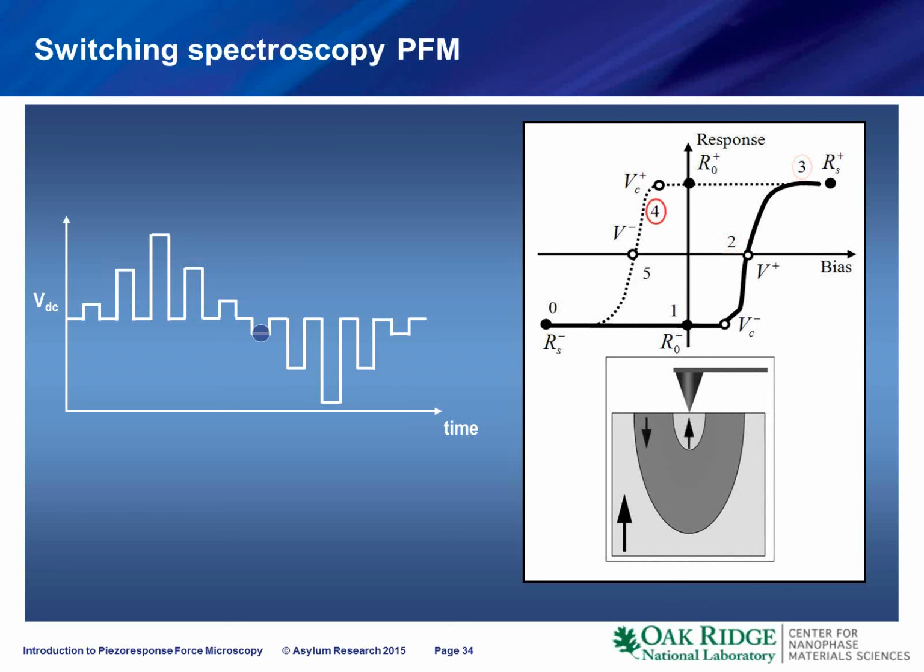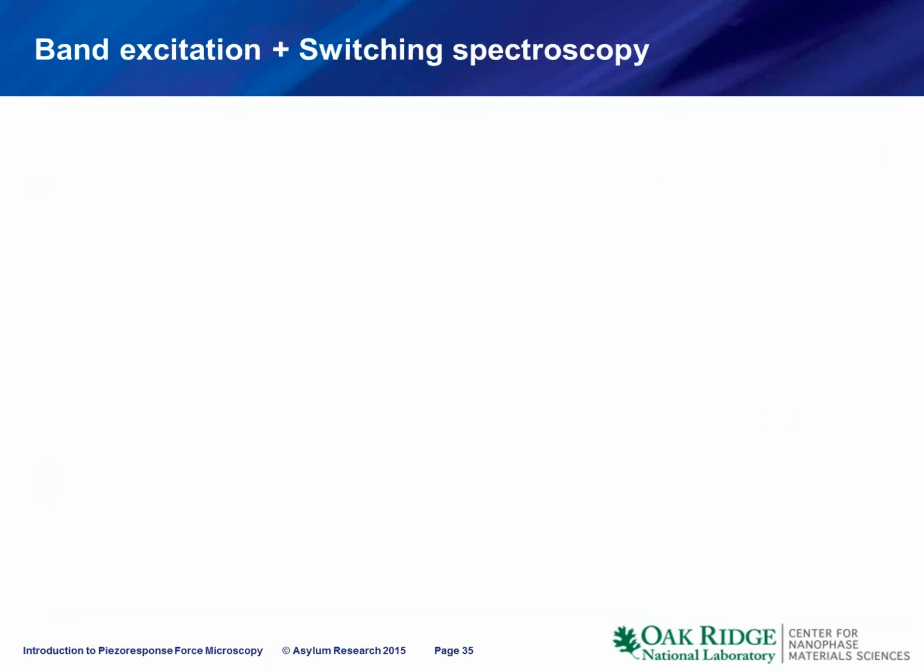If we go in the opposite direction, then typically if we go in the same polarity, nothing much happens. If we go to the opposite polarity, for most materials we start to nucleate a domain of the opposite polarity below the tip, almost like a Russian doll. And if we repeat the process, we collect the hysteresis loop of the material. It turns out that this is a very powerful method to probe polarization switching in ferroelectrics, but it's also subject to local crosstalk.